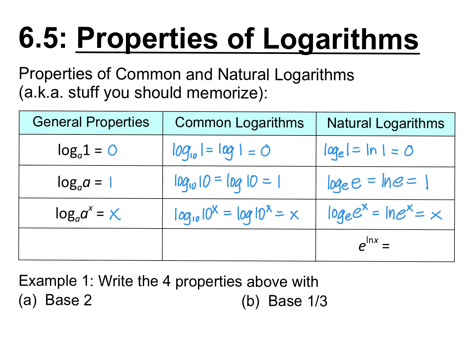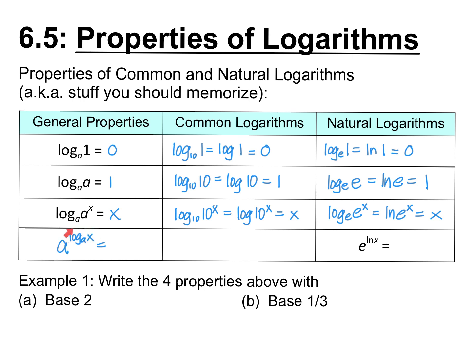Okay, the last property that you should know is when we have a raised to the log base a of x. Now this one's a little bit harder to think about, but remember, this logarithm represents the exponent you put on a to get x.